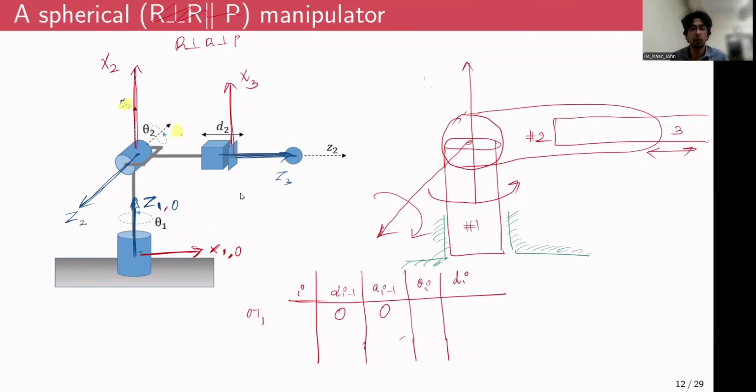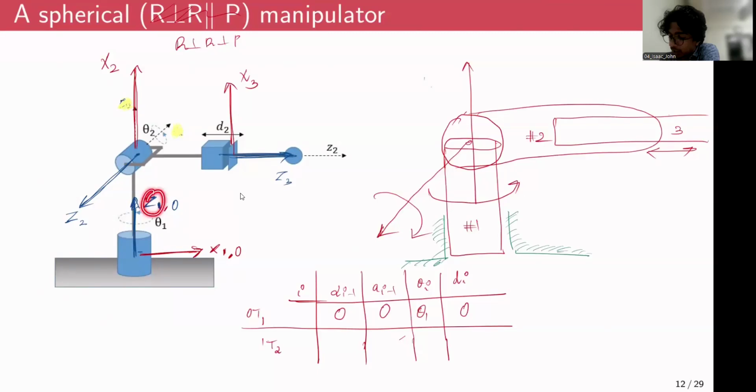So to accommodate for that orientation, we have to give a rotation θ1 about z1 so that the relative orientation between x1 and x0 can accommodate it. And then there is no distance offset along z1 that has to be taken care of. So now the first transformation is taken care of. Now, what about the transformation between the first and the second frame, 1T2?